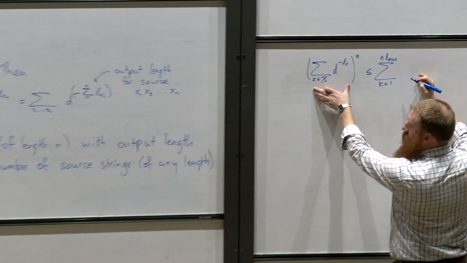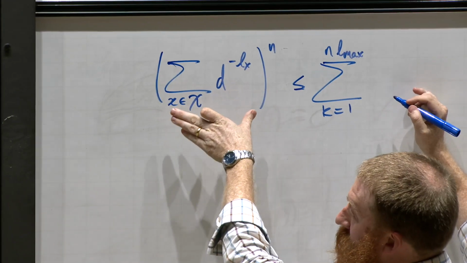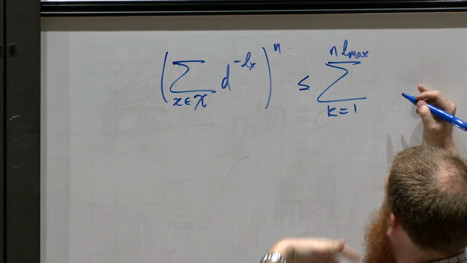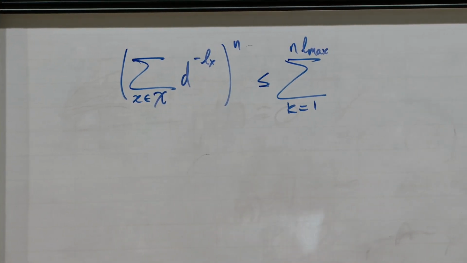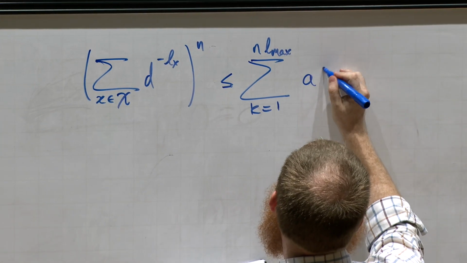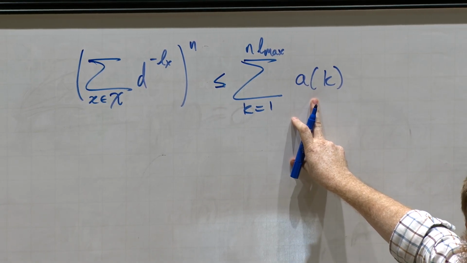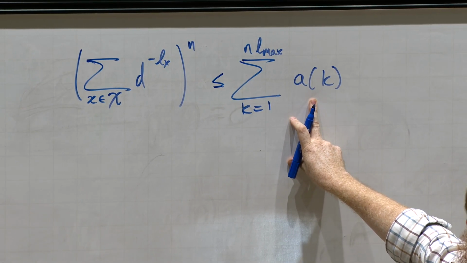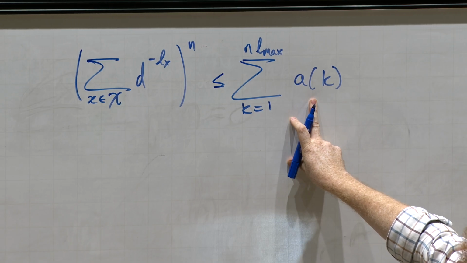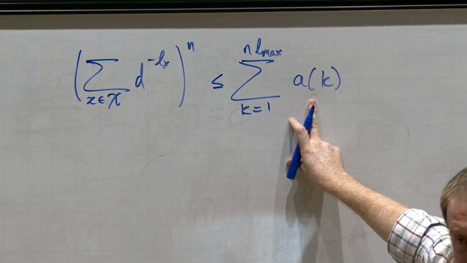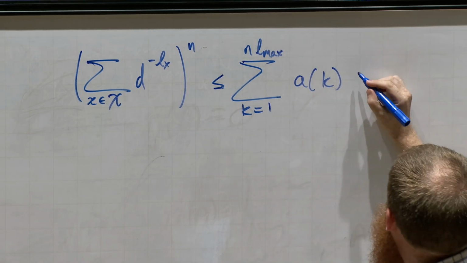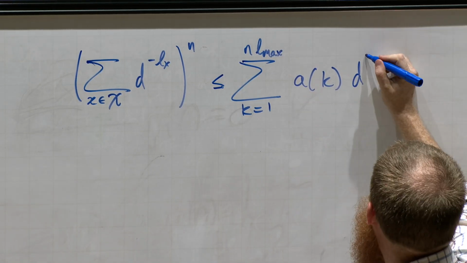So this is adding up D to the power of the total lengths of the output. There are a_k strings which give me length k of any length, so that's certainly bigger than the inputs of length n that give me length k. And then for each of those terms, I'm going to get D to the minus k.